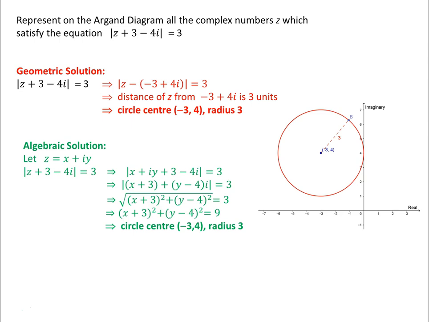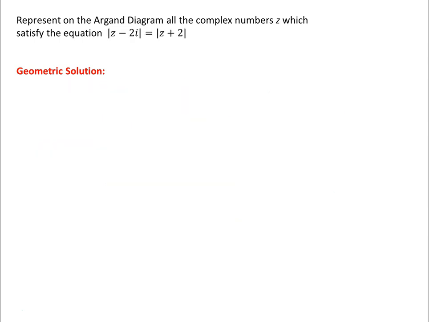Our third example is slightly different. We've got to represent on the Argand diagram all of the complex numbers z which satisfy the equation the modulus of z minus 2i is the same as the modulus of z plus 2. The geometric solution says that what we have got is the modulus of z minus 2i has got to equal the modulus of z minus minus 2.